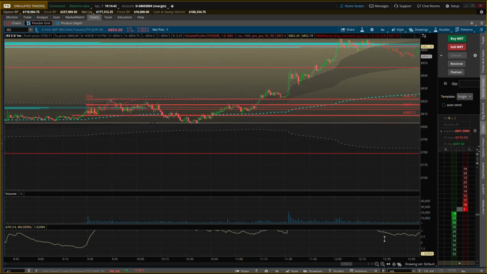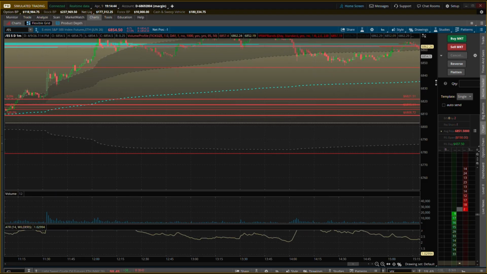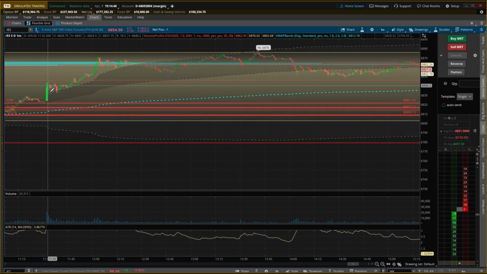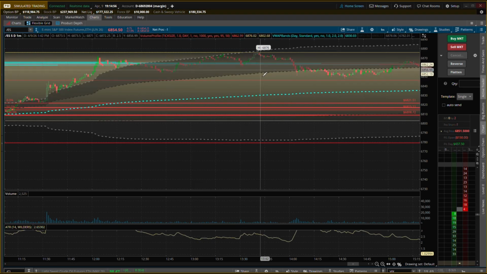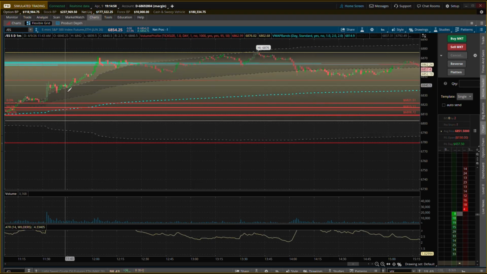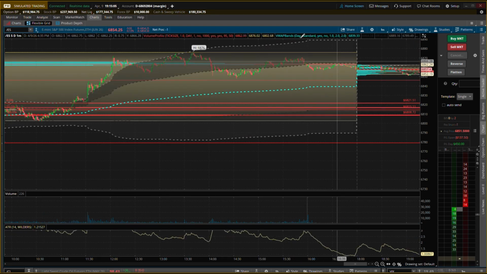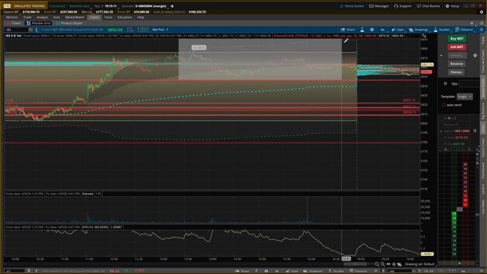And the third trade was just based on this very strong upward movement we had around mid-morning, late morning, I should say. And we had a break above the 2 standard deviation VWAP band, which you can see right here. So once we got to the 1 standard deviation band, I was expecting a move up for continued momentum.